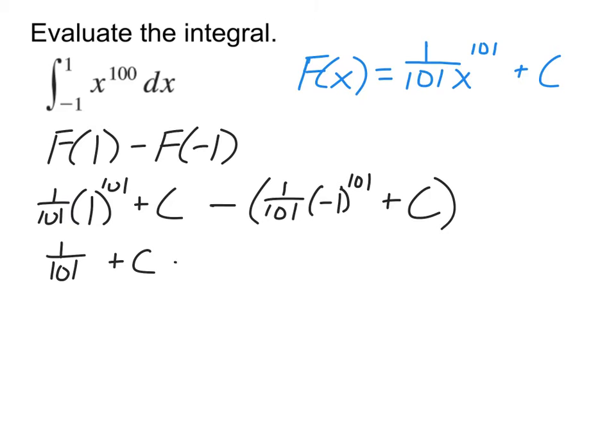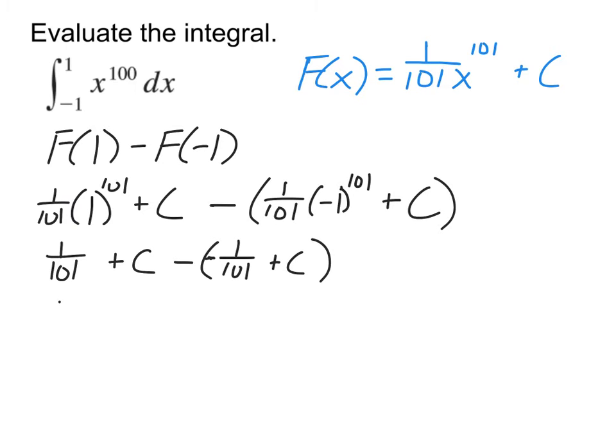And then it's going to be minus 1 over 101. What is negative 1 to the 101? Negative 1, yes, because remember, if we do a negative number to an odd exponent, we get a negative answer. So that means it's going to be a negative 1 over 101 there, still plus c.